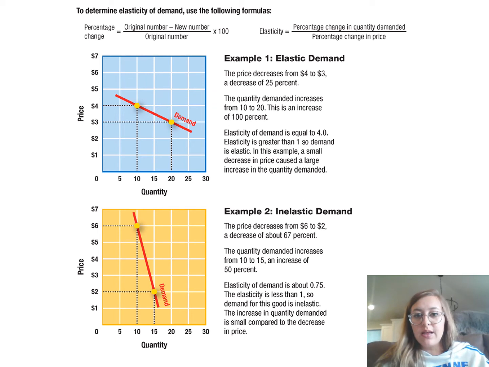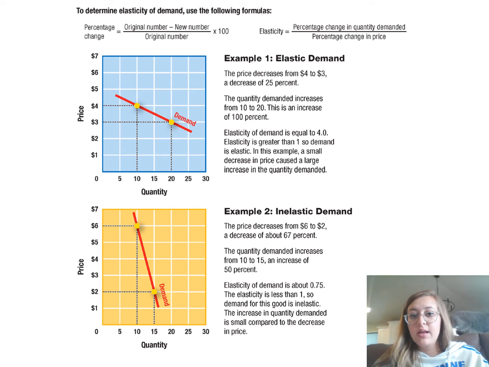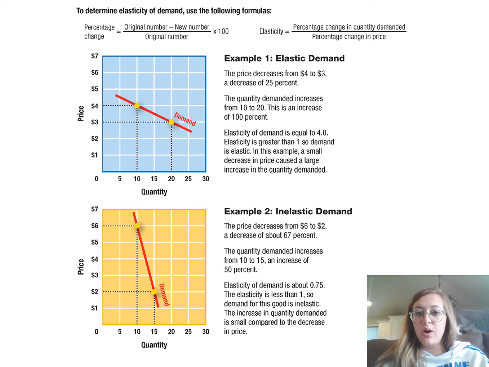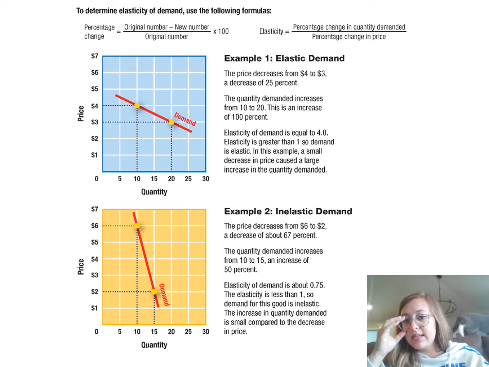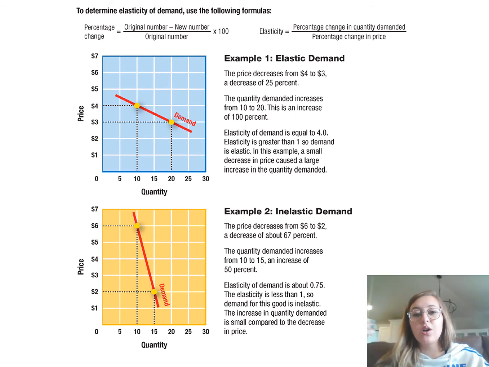So if we take 100 divided by 25, right, elasticity of demand is equal to 4. Elasticity is greater than 1, so the demand is elastic. In this example, a small decrease in price can cause a large increase in the quantity demanded.